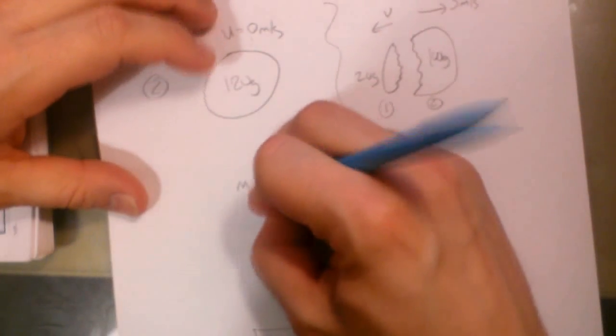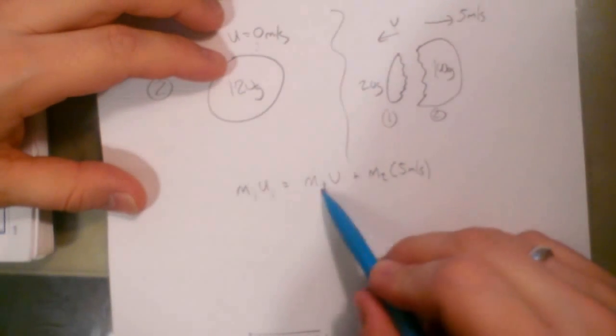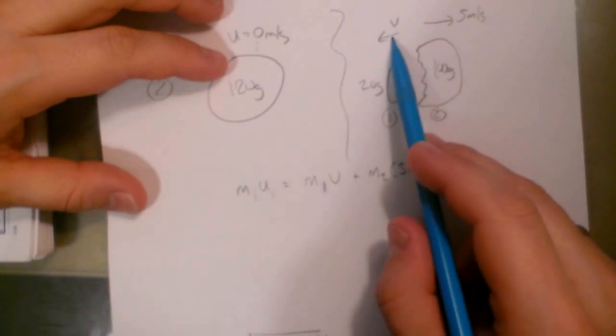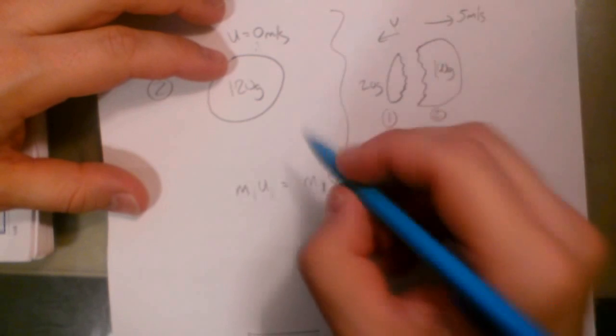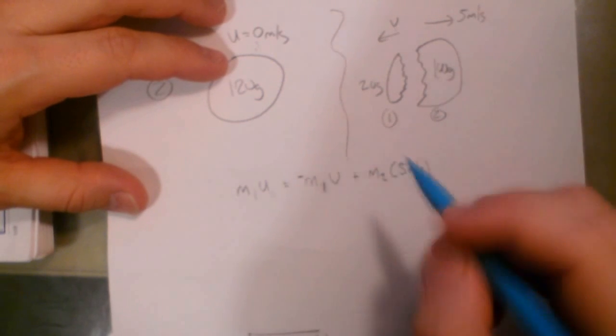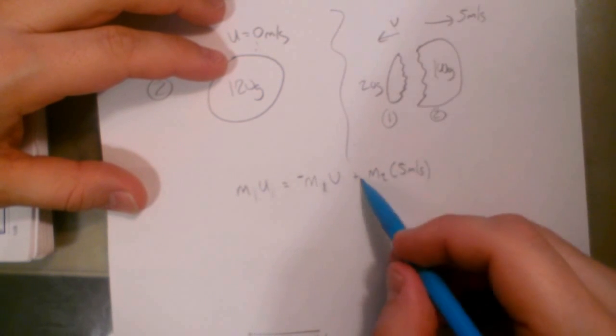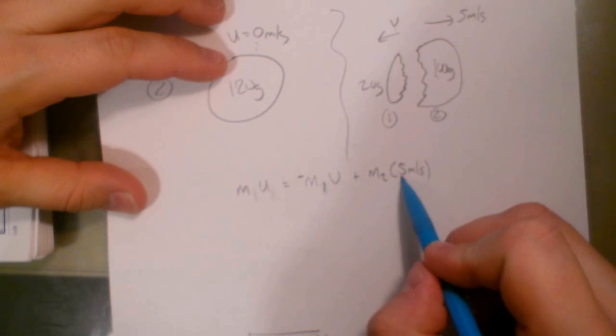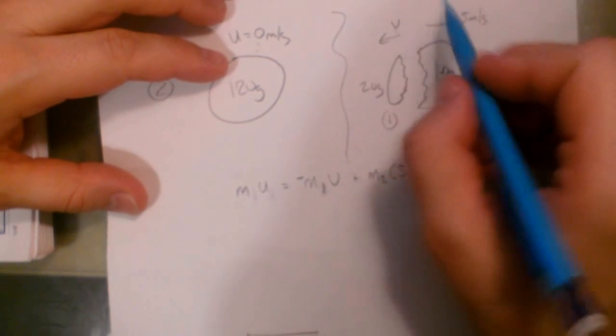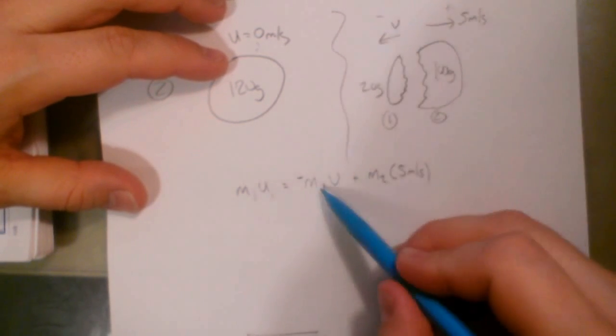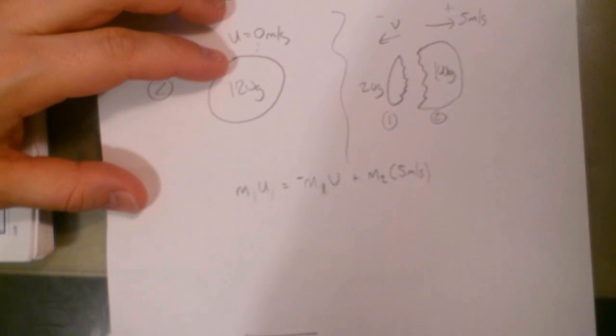The 1's not necessary because there's only one mass. It is equal to the mass of 1 times its velocity. Actually, its velocity is in the negative direction, so I need to put a negative sign here, plus the mass of the second one times its velocity. And its velocity is in the positive direction. So again, I'm going to call this positive and this negative.